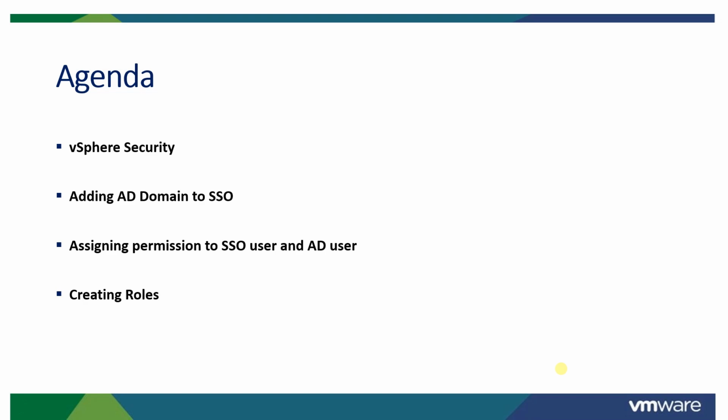Just recall that administrator@vsphere.local was the username, and once you had created a vCenter server, the very first thing you did was create a virtual data center. We did this in the VMware hands-on lab also. Although these things are already available in your hands-on lab, we learned it in a fresh way.